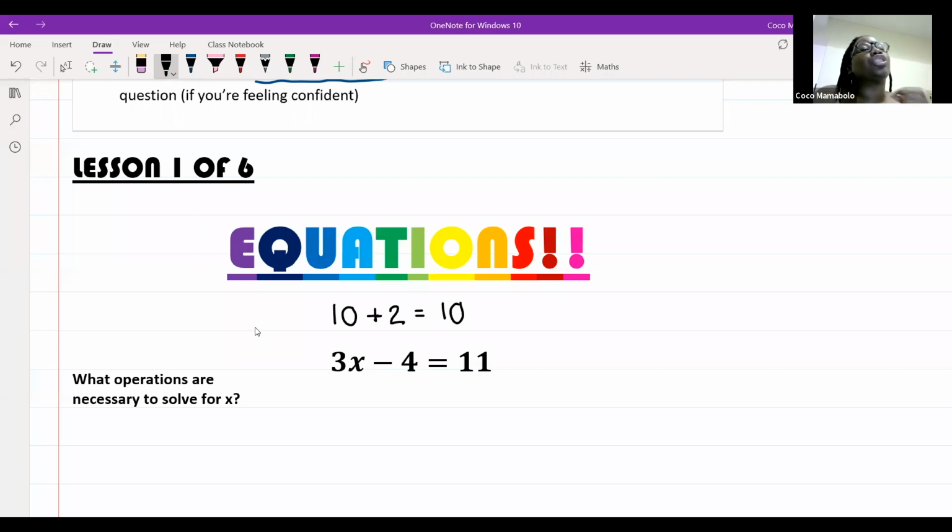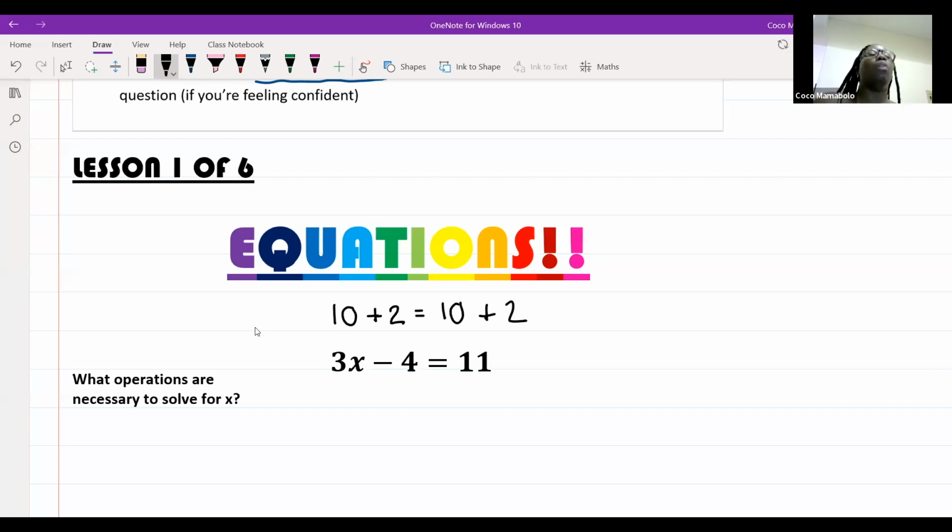So if I add 2 on the left, I must also add 2 on the right. So I need to keep balancing this equation. Whatever I do on the left, I have to do on the right as well.